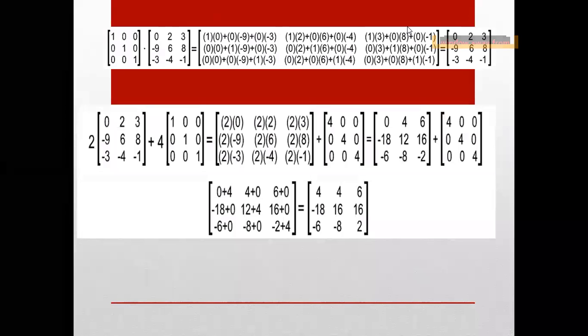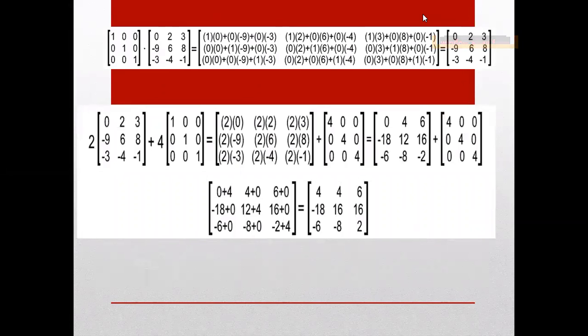The first example is the identity matrix multiplied by the matrix A, so you can call it I multiplied by A. I means the identity matrix, whereas the second matrix is the matrix A that I showed you.